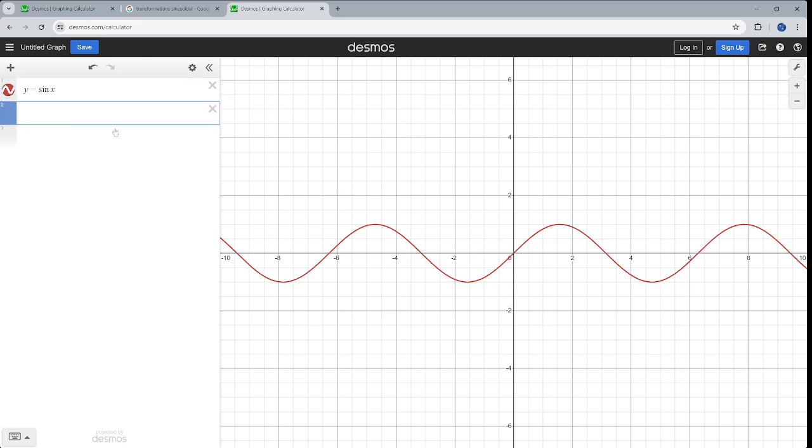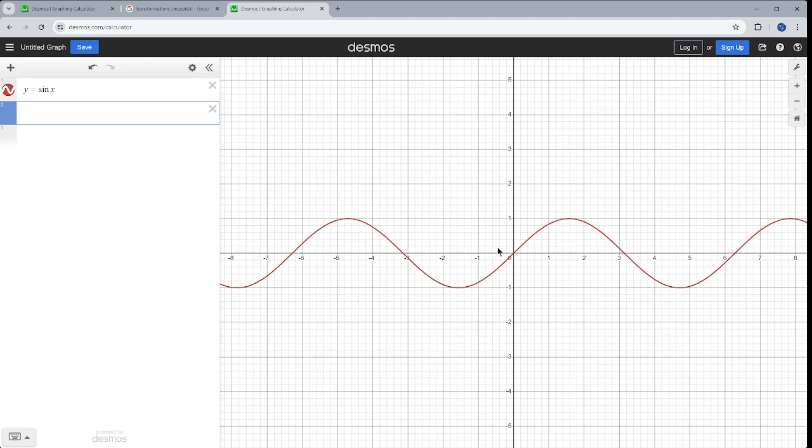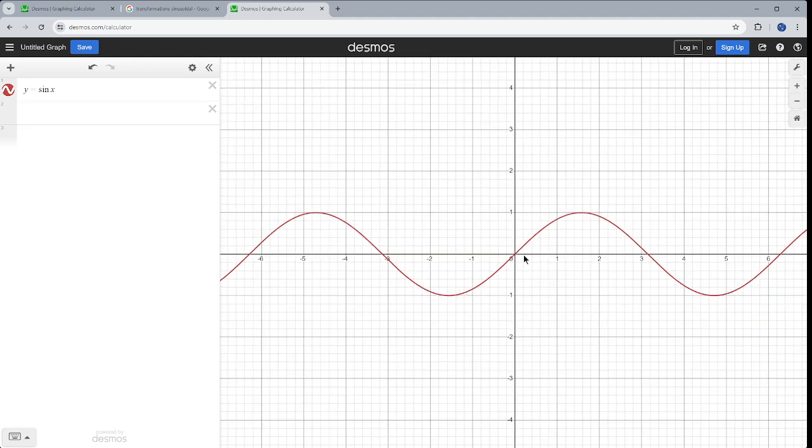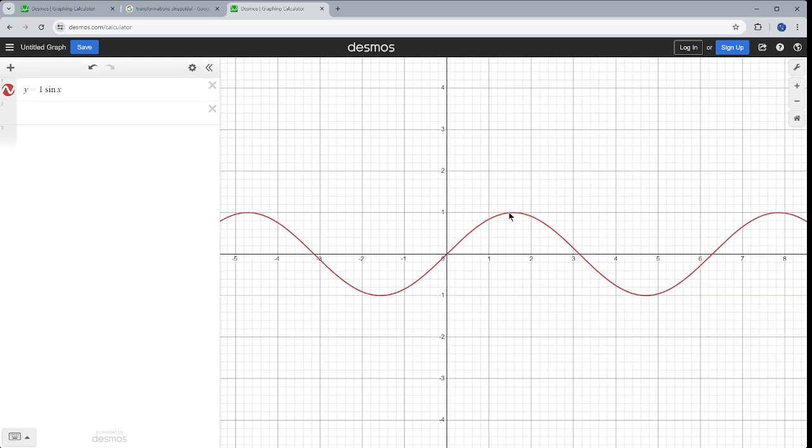Okay? So let's say we want to change the amplitude, which remember amplitude just means from the middle to our maximum value, or from the middle to our minimum value, right? And right now, if we have no number there, we just assume it's 1. But let's say we want it to now come up to 2, but remain at the same points on the x-axis. So what I need you to pay attention to here is at pi, we're at our maximum, right?